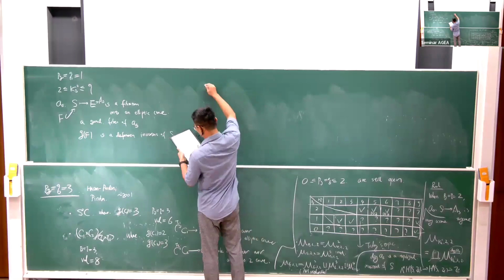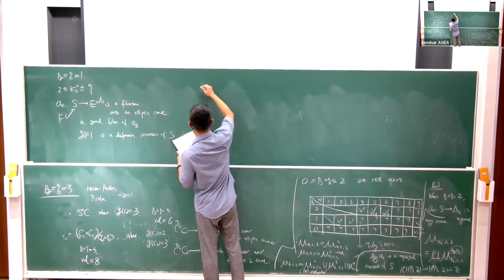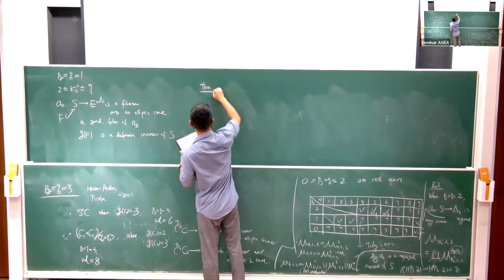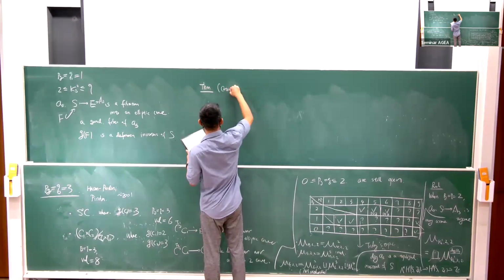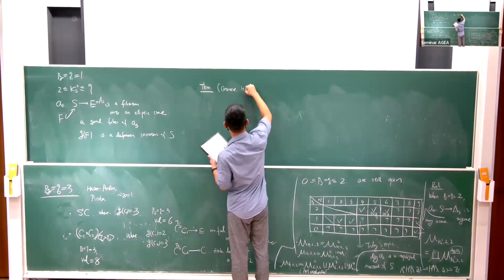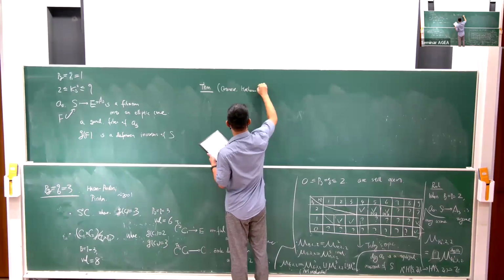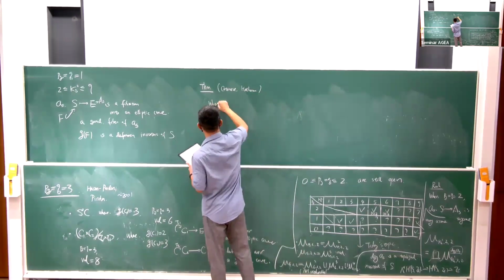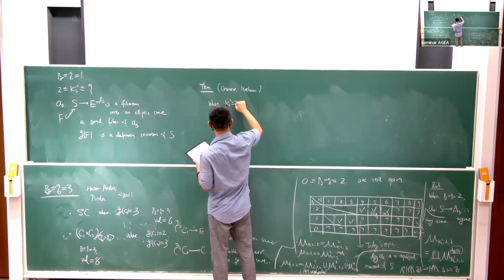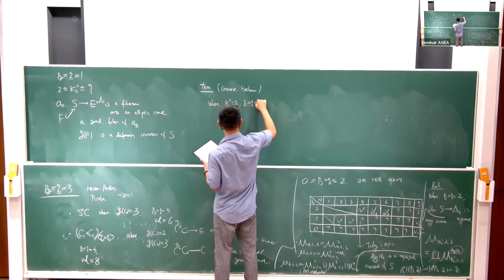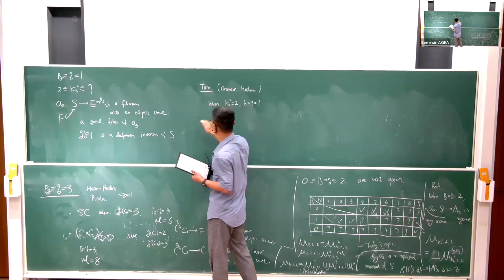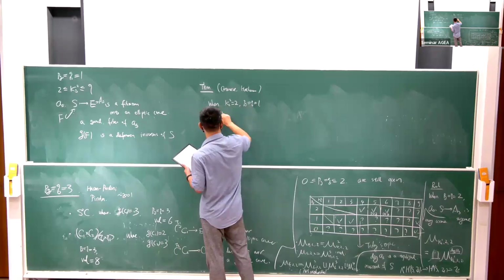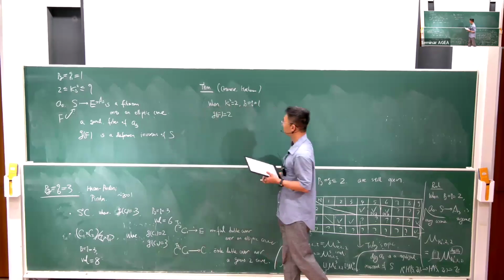Let me see. So there is this result. The first theorem is due to Catanese, and I think also Horikawa. Basically, this says that when K_S has volume 2, Pg equal to q equal to 1, this GF can only be 2.